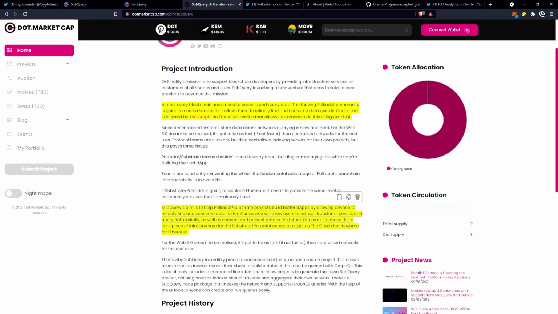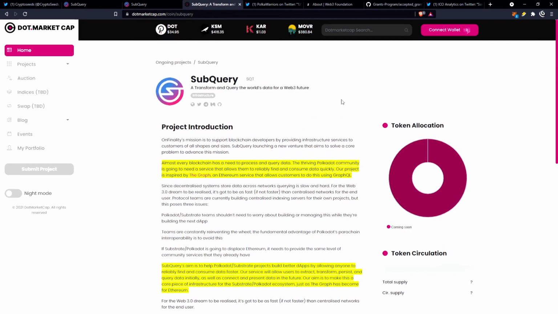And our aim is to make this a core piece of infrastructure for the Substrate and Polkadot ecosystem, just as the Graph has become for Ethereum. So just as the Graph has become the on-chain data provider for Ethereum, that is how Subquery is also developing for the Polkadot ecosystem.